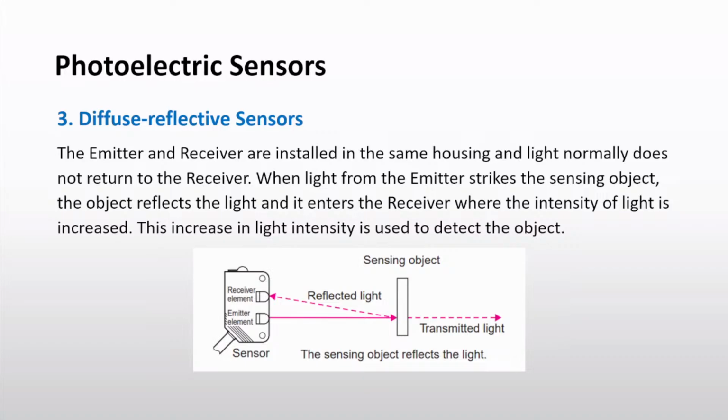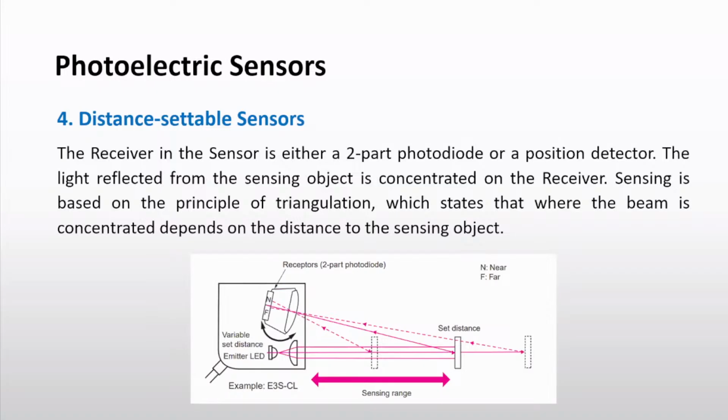That means the proximity. But by using the distance settable sensor, we can detect the position of the object.